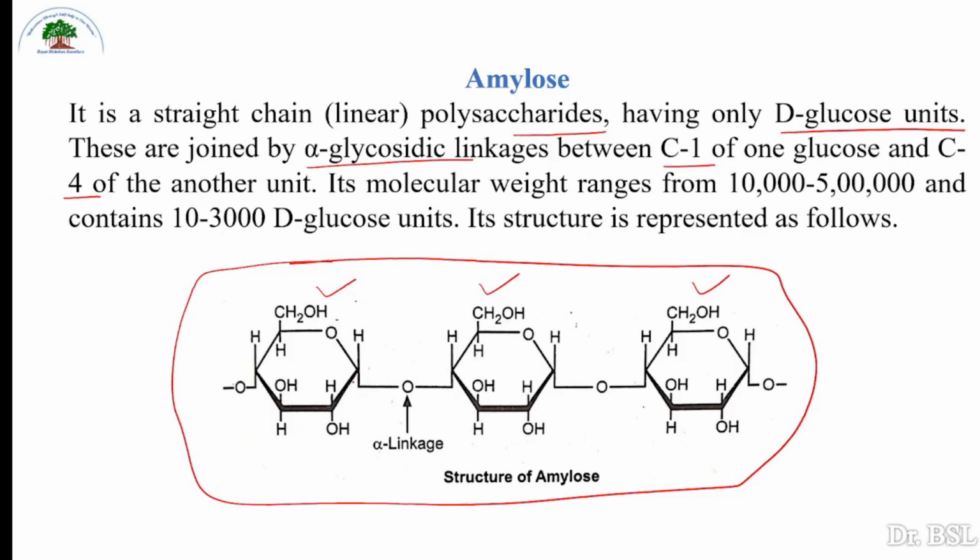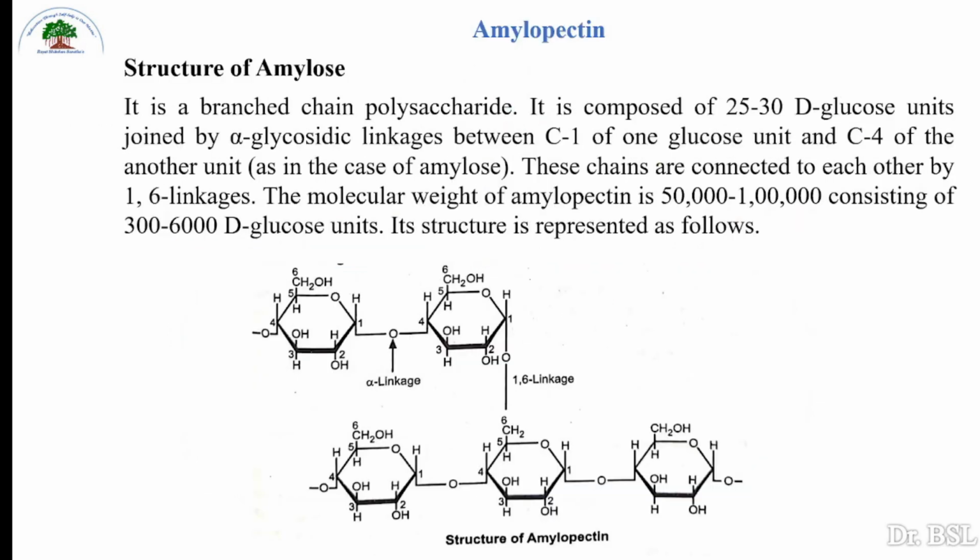So this one C1 and C4. Its molecular weight ranges from 10,000 to 5 lakh and contains 10 to 3000 D-glucose units. Its structure is represented as given in this diagram.